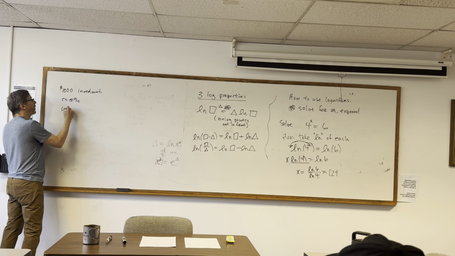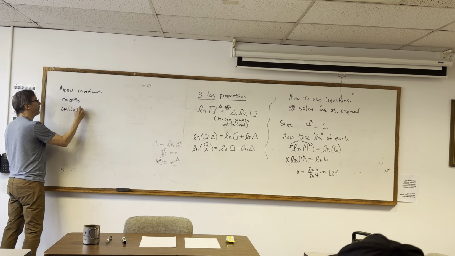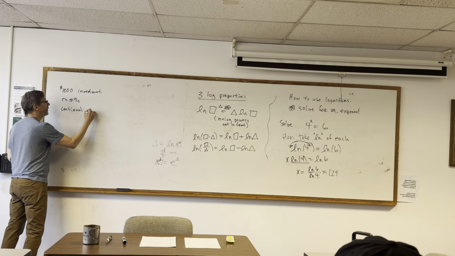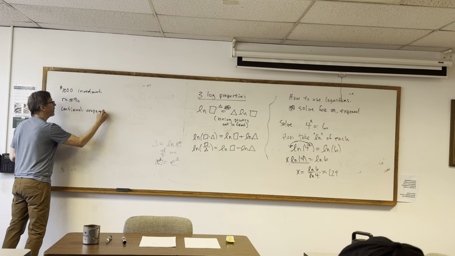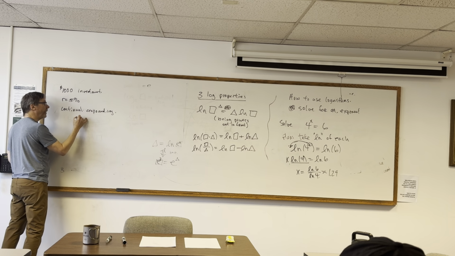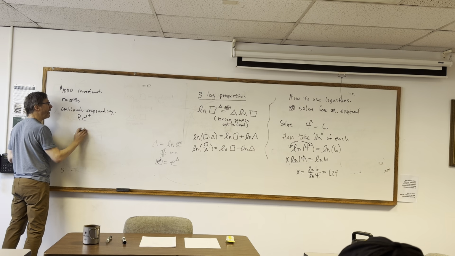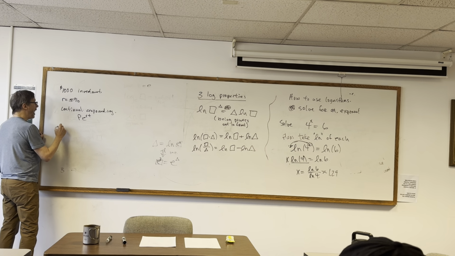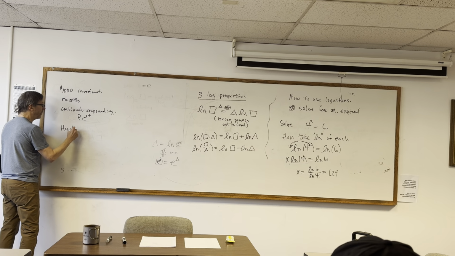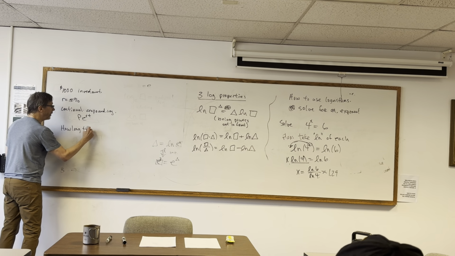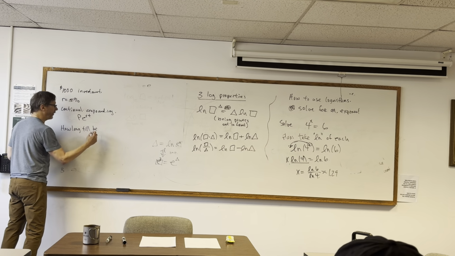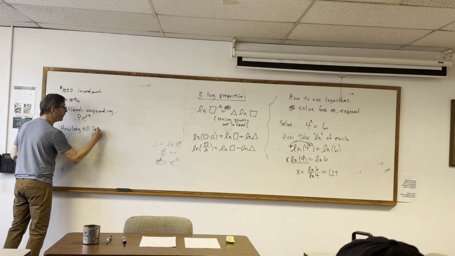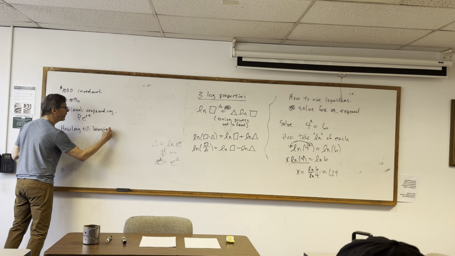And continual compounding. So the formula we're using to figure out how much we have in there at each moment is this one. How long till we have 2,000? So how long till the investment has doubled?